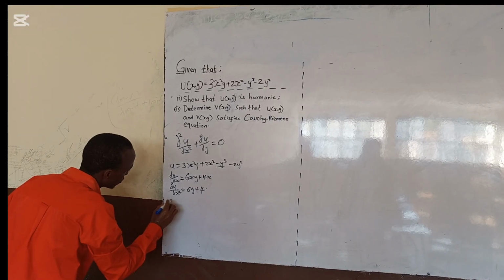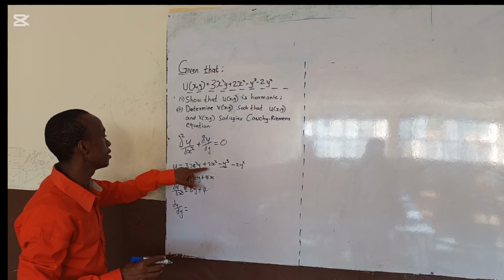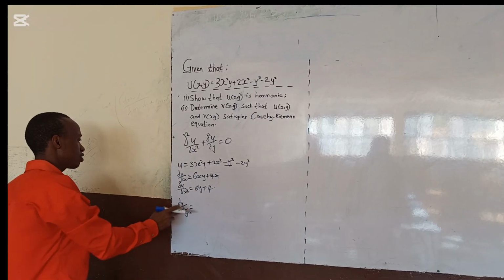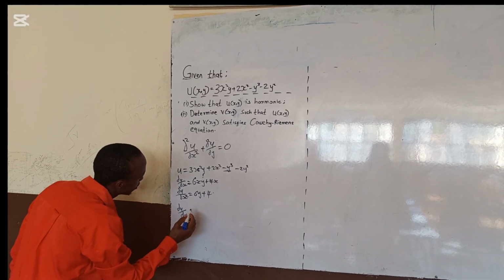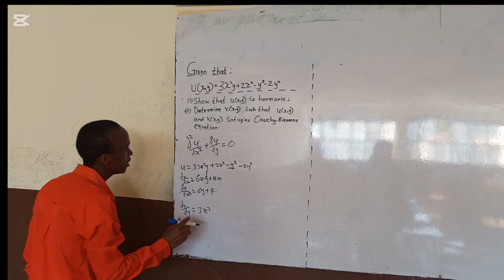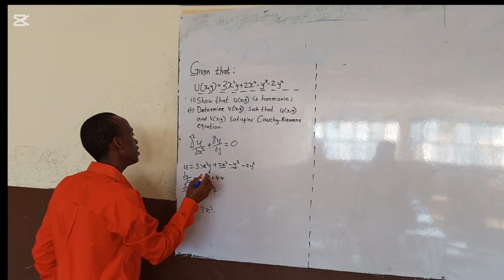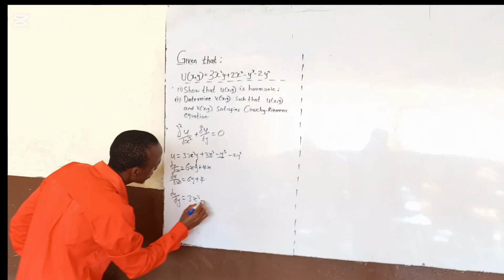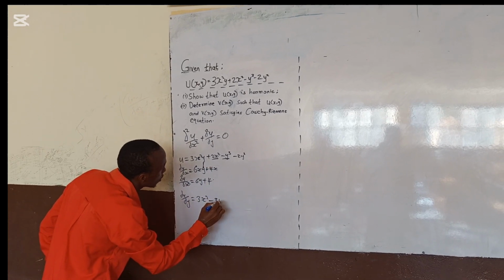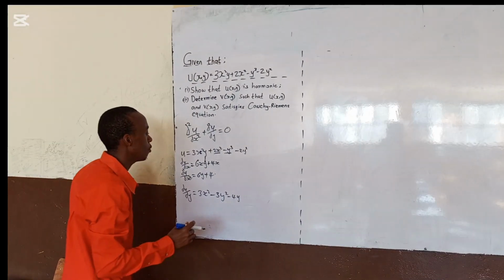Now, we differentiate u with respect to y. If we differentiate 3x squared y plus 2x squared minus y cubed minus 2y squared with respect to y, we get 3x squared, plus 0 because we don't have y in 2x squared, minus 3y squared minus 4y.